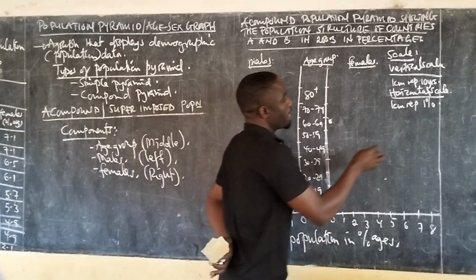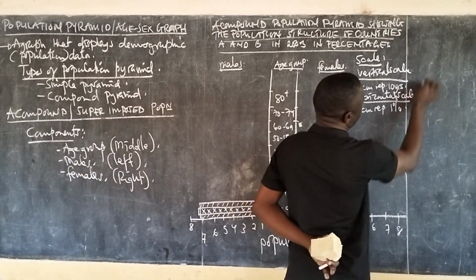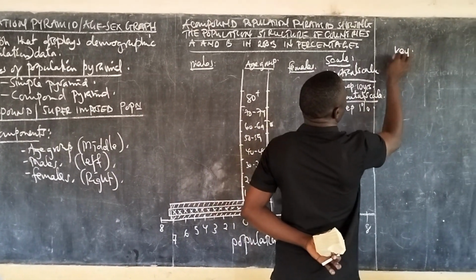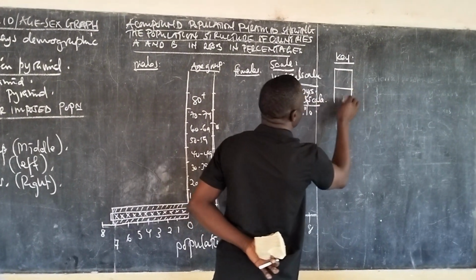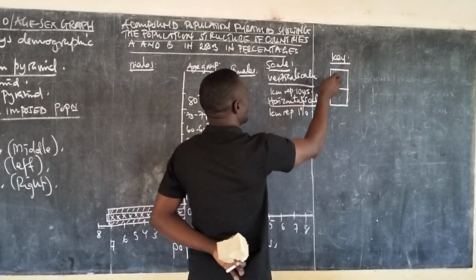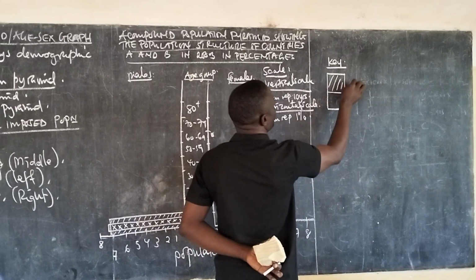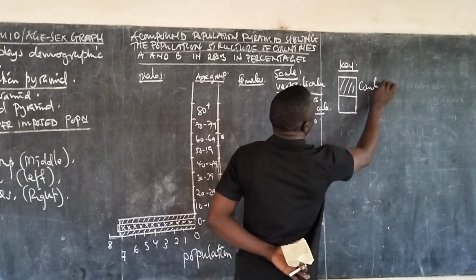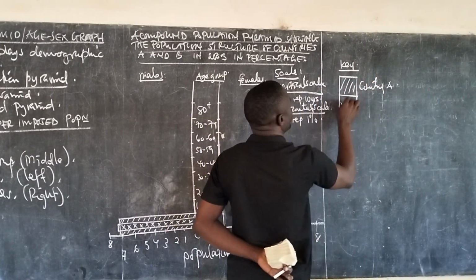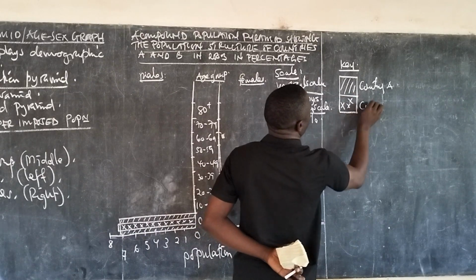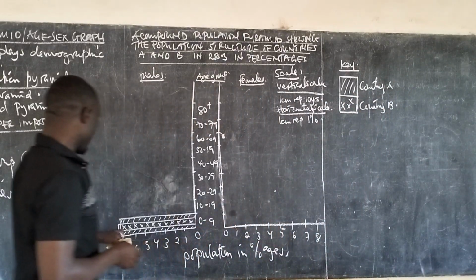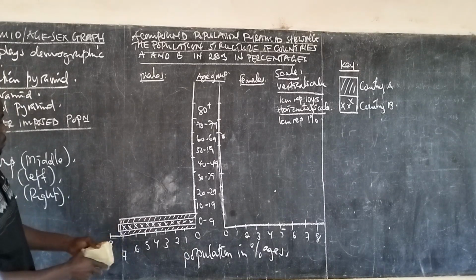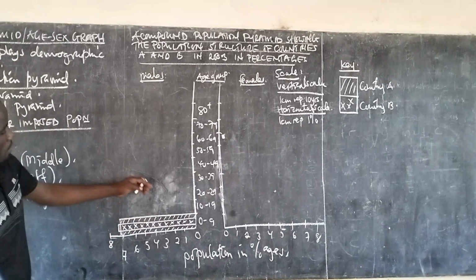So here on our key, we shall say we have shaded it. This one is the population for country A. That shading is for country A. Then this one is for country B. So now, as you can see, we have superimposed this simple graph.